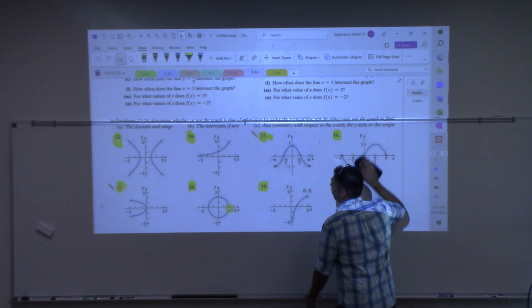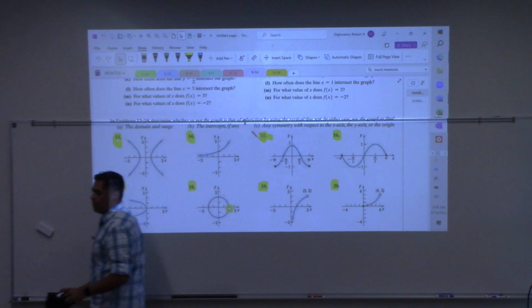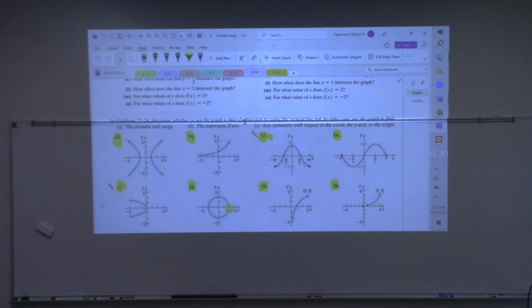For each of these problems, we're supposed to find the domain and range of each of these functions, the intercepts, that means the x and y intercepts, and then we're supposed to talk about this thing called symmetry. I will get into that a little bit more when I actually start doing the problems, all right?